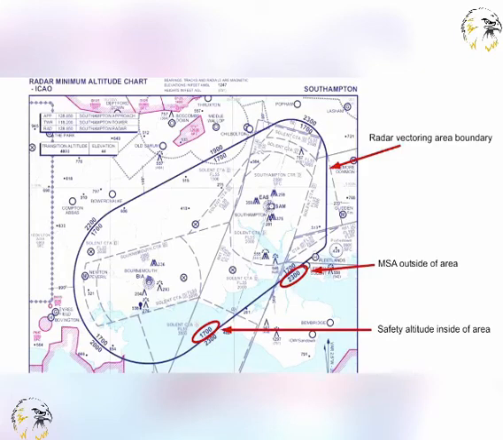Radar vectoring will take place within the vicinity of aerodromes in specific areas. A radar vectoring area will be shown on various aerodrome charts and documentation, found in the aerodrome section of the Aeronautical Information Publication. An example of a radar vectoring standard arrival area is shown here.